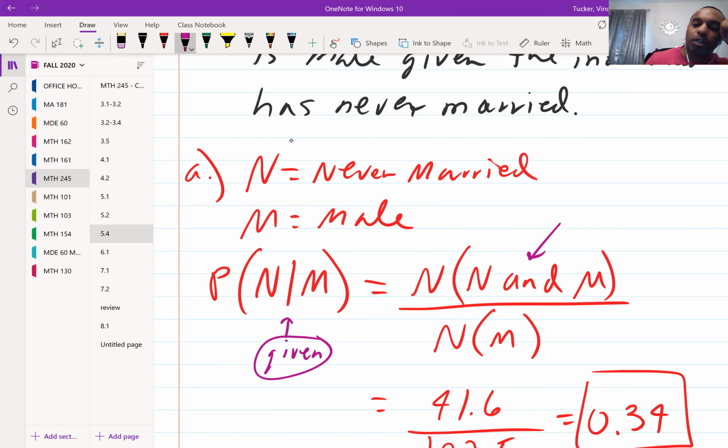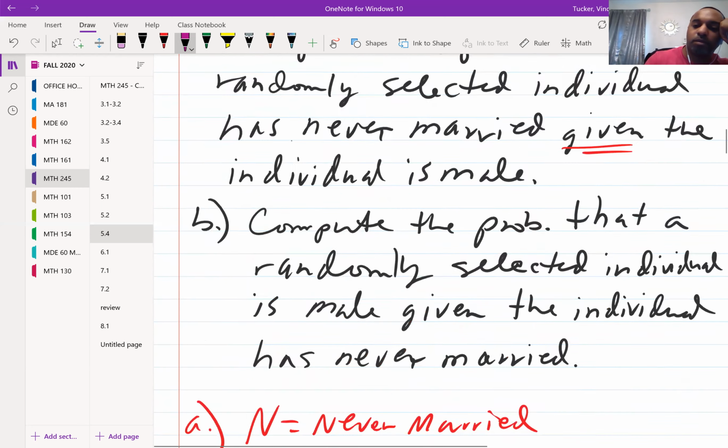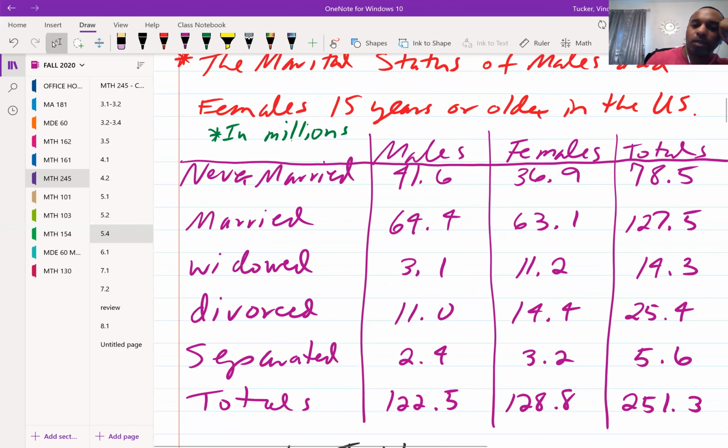So I need to look up the number for never married and male, and then look up the number for all the males. So never married and male is right here. And then the total number of males is right here.